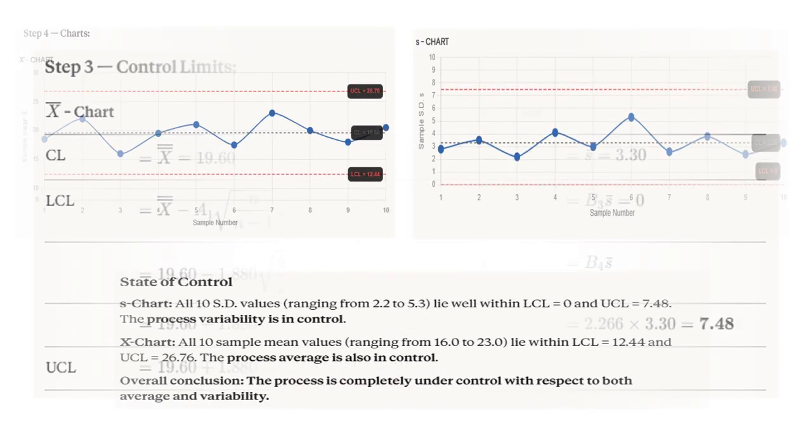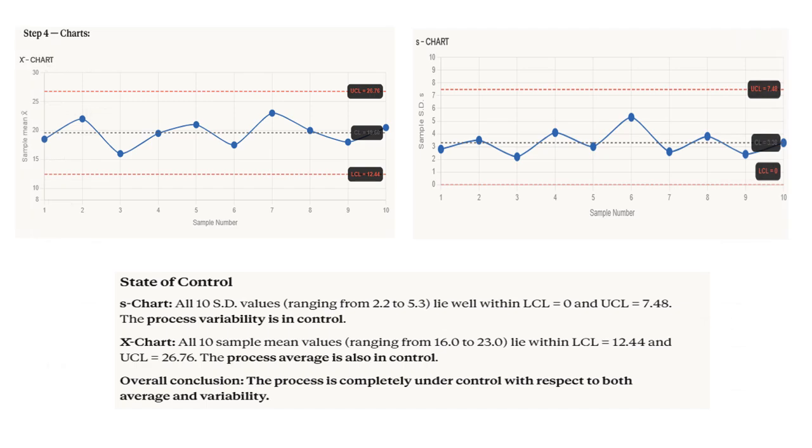From these values, this is the final mean chart as well as the standard deviation chart. From the chart, it is visible that in the mean chart, all the 10 sample mean values, ranging from 16 to 23, lie within the lower and upper control limits. Therefore, the process is under control.